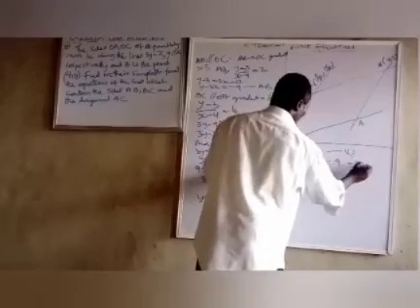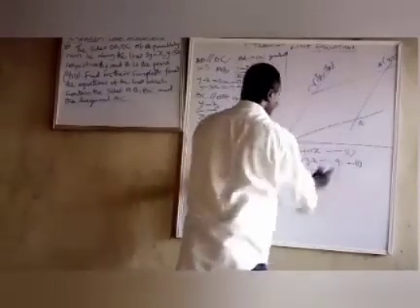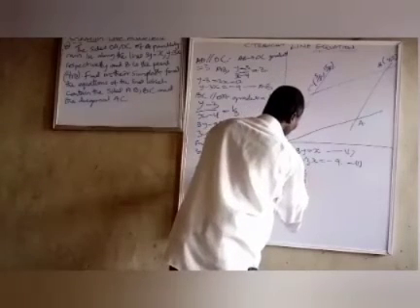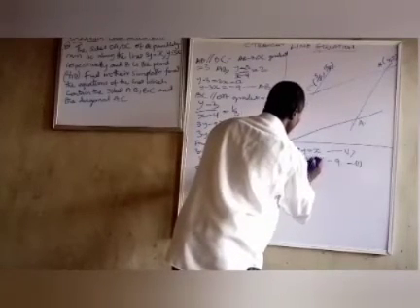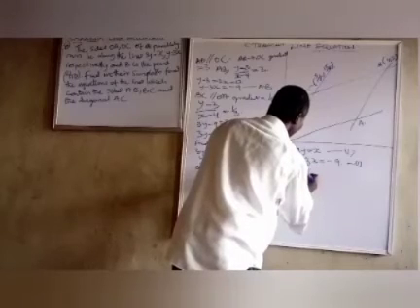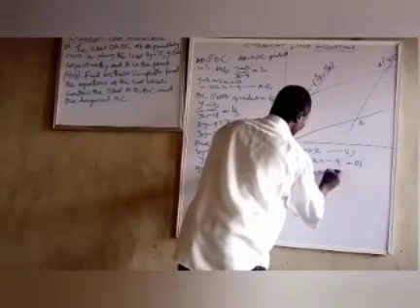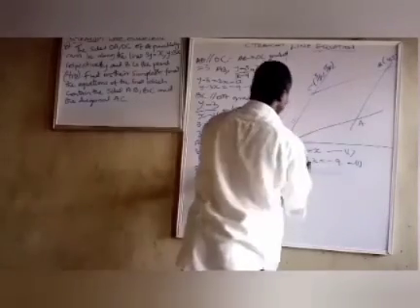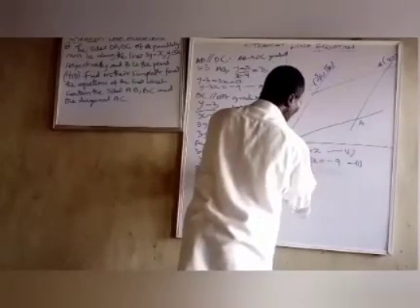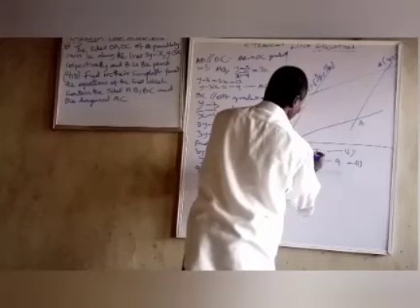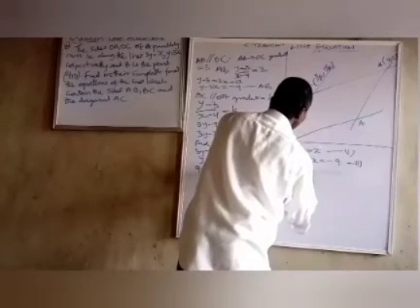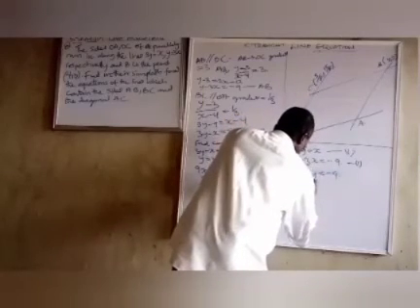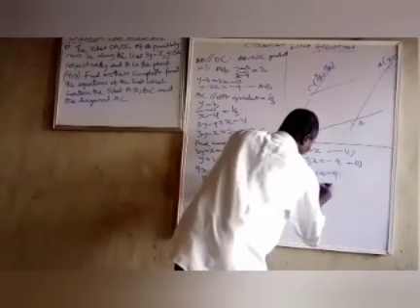To solve for A, let me make x equal to 3y here. So y minus 9x is going to give me minus 9. Oh, sorry. Since x equals 3y, we have y minus 9y equal to minus 9. So minus 8y is equal to minus 9.